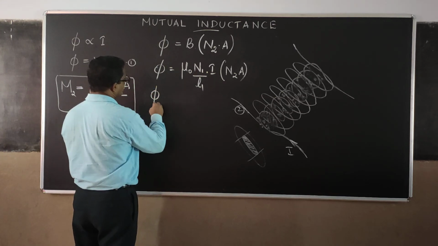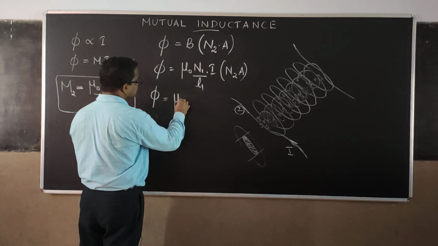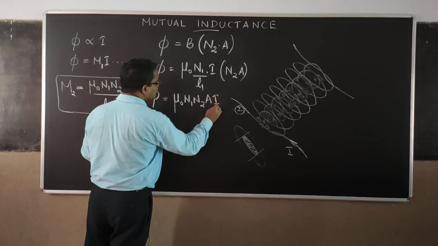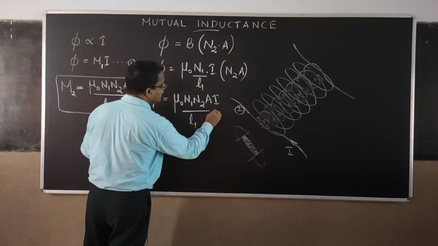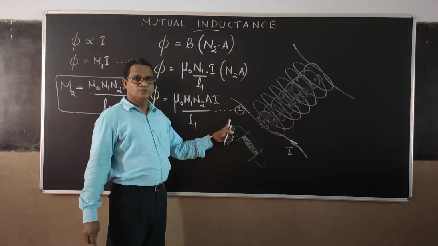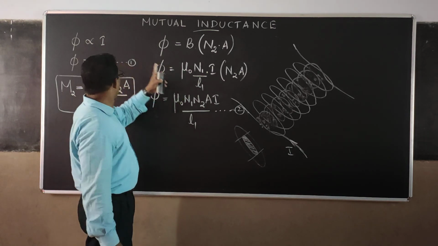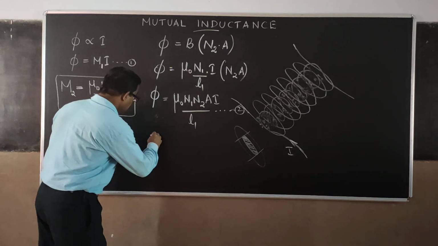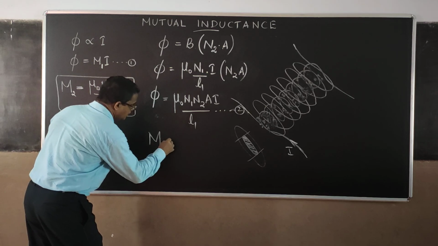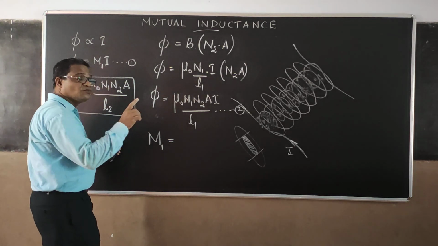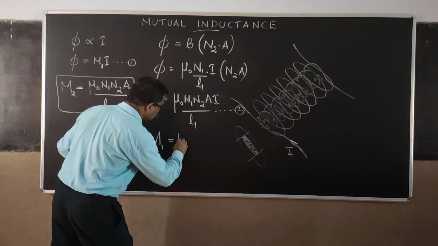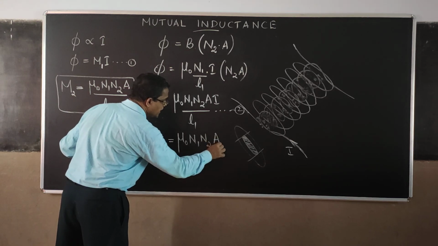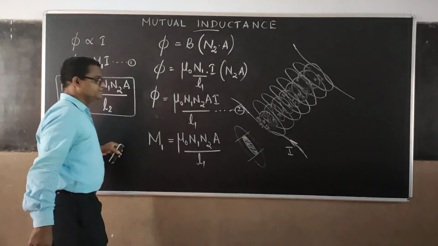And finally what you get is that phi equals mu 0 N1 N2 A I divided by L1, as your equation number 2. Now when you compare equations 1 and 2 for the current flowing through the inner coil, you get M1 for current flowing through the inner coil equal to mu 0 N1 N2 A by L1.